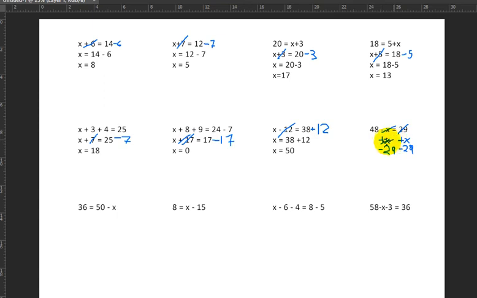So the x's are canceled out over on this side, and the 29s are canceled out over on this side. And what's left is 48 minus 29 equals x, right? Because the only thing that's left on this side is this x, whereas on this side we have the 48, which remains unharmed, minus 29, right?